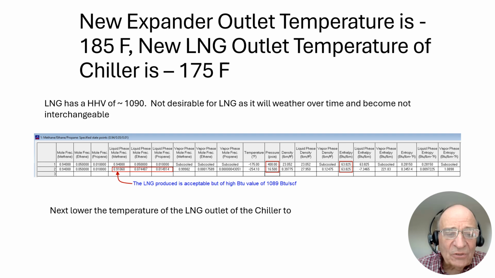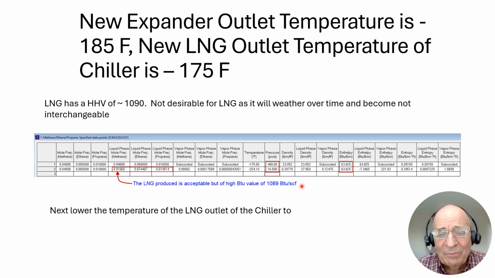And now what's happened to our methane concentration? The methane concentration becomes 91.06% methane, and that was from a feed gas of 94% methane. So a significant amount of our methane has flashed off, but it still gives us a usable LNG.